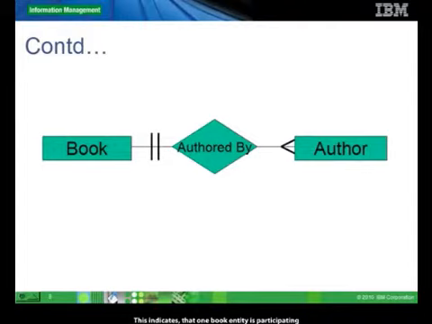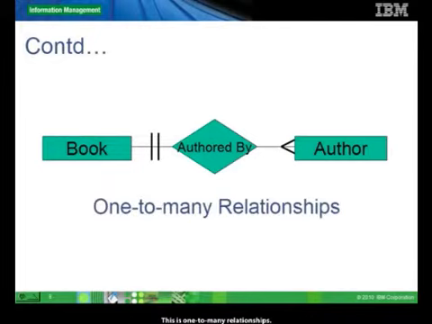This indicates the one book entity is participating in more than one relationship in the relationship set. This is one-to-many relationship. We can also term this as many-to-one relationship, wherein we say many authors authoring a single book.